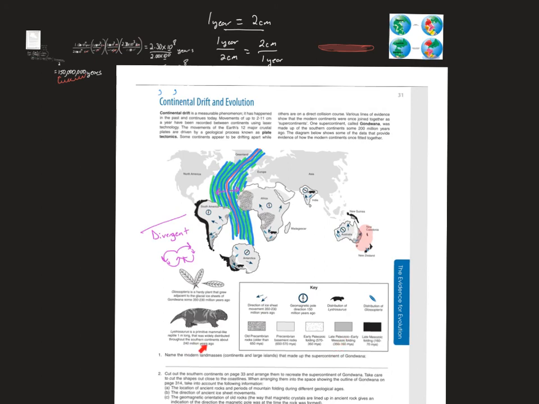If it was 240 million years ago, then it was. If that's the most recent fossil we can find, it's 230 million years ago of this particular dinosaur, and then it went extinct. We don't see it anymore in the fossil record, and therefore we would expect that it was around during Pangea, when all the land masses were together.